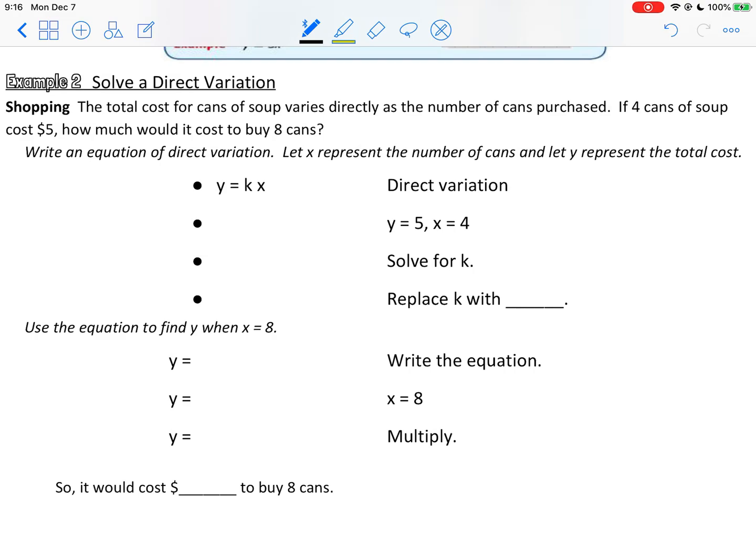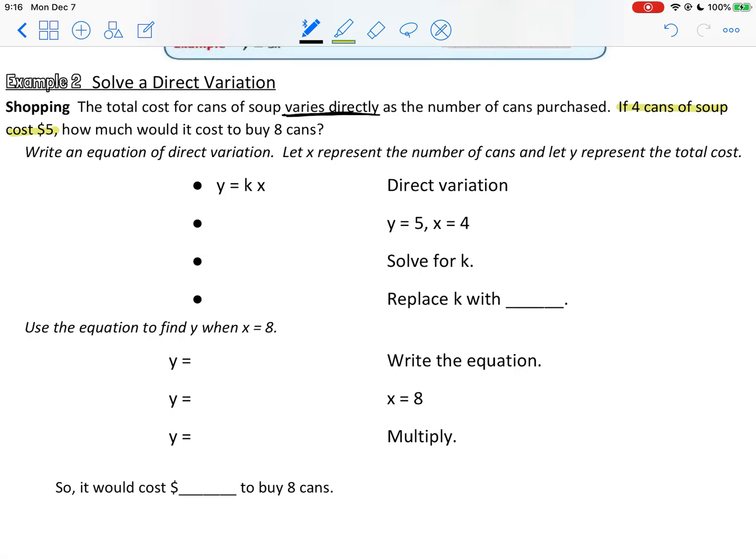So in example 2 here, it says the total cost for cans of soup varies directly as the number of cans purchased. So this right here tells me I'm working with direct variation. Next thing it says is if 4 cans of soup cost $5, how much would it cost to buy 8 cans? So this first statement, if 4 cans of soup cost $5, is the relationship that I'm going to use to find that constant of variation.